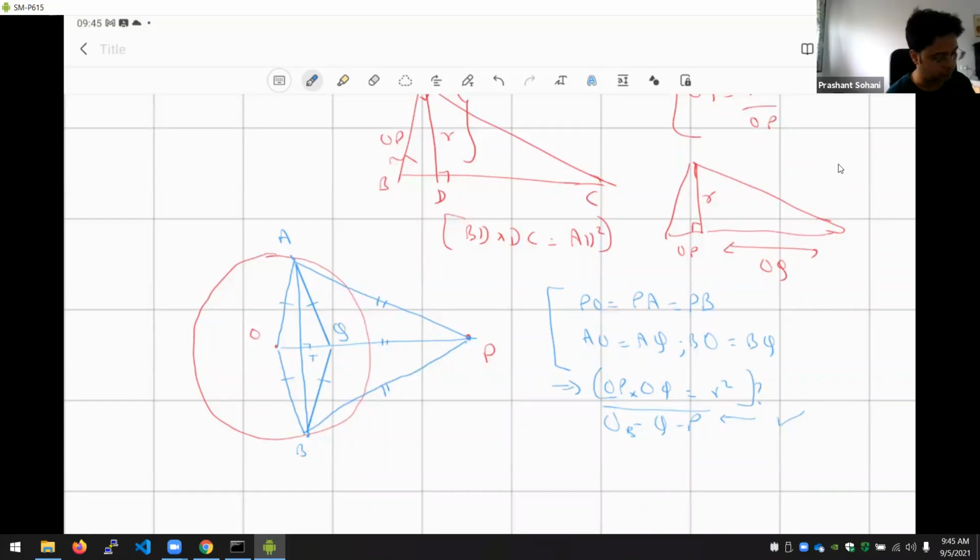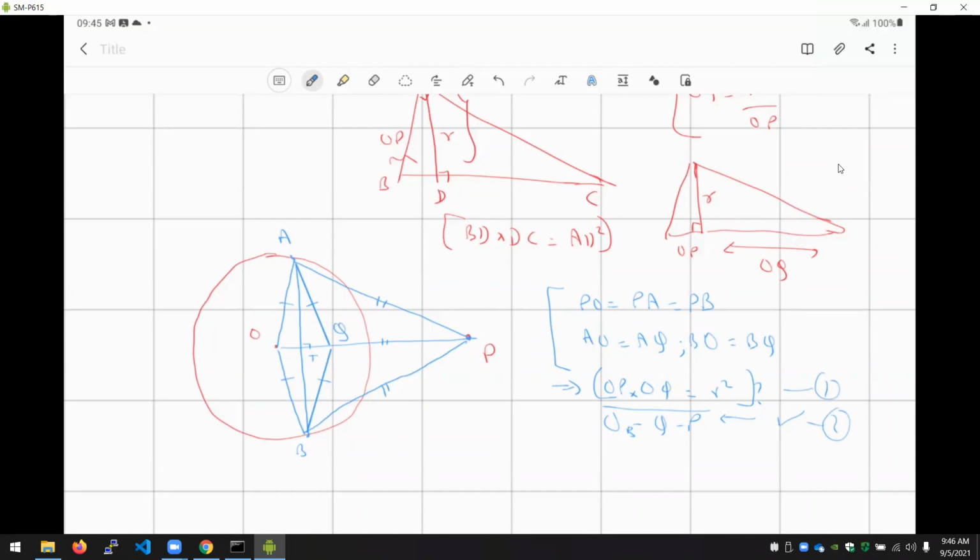So are you giving the proof of the first part or the second part? What we want to prove is that OP into OQ equals R square. The second part can be done by similarity. There are two similar triangles. But what about the first part?